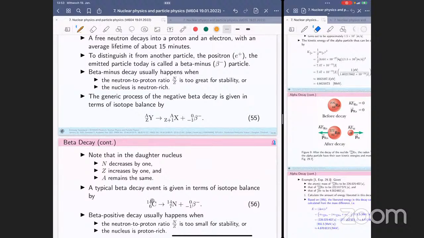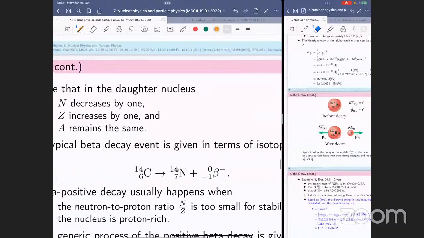Neutrons are a little bit too many for it. 1 neutron will have to change itself to a proton, but it still stays inside the nucleus, so the number of nucleons will remain the same, which is 14. Once we lose 1 neutron and get an additional proton, starting from 6 we have 1 more, so we have 7 protons.